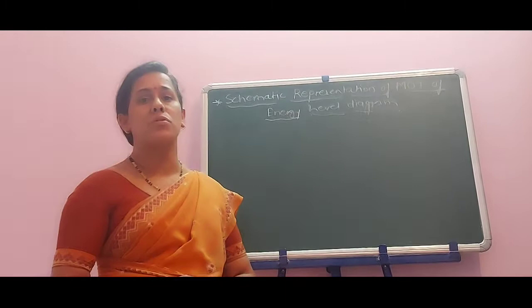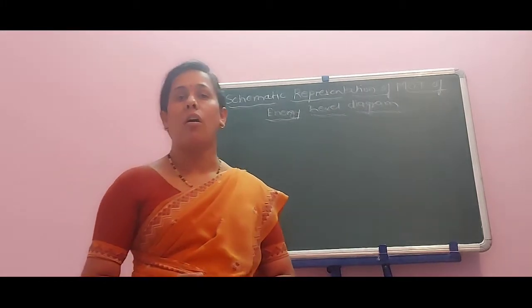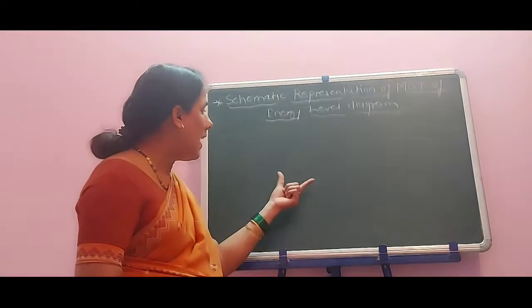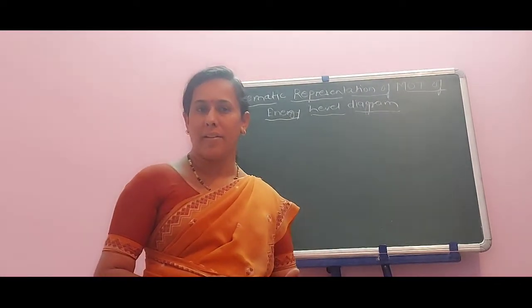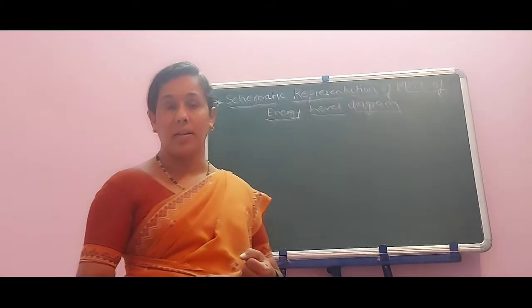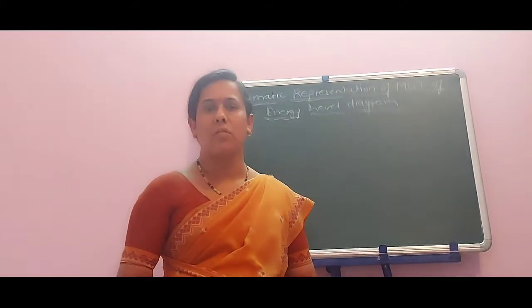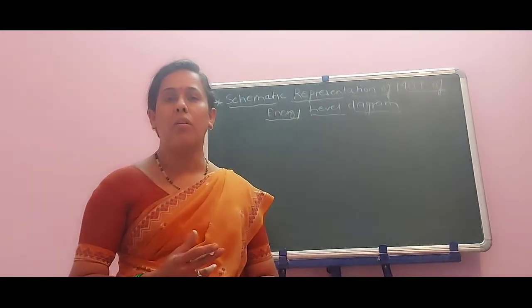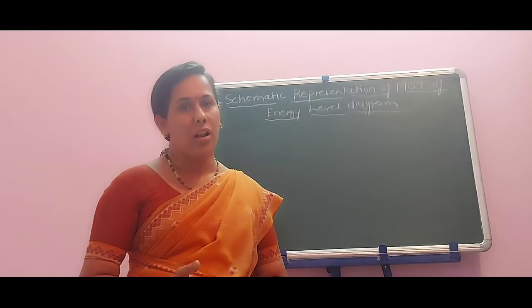In the last lecture we studied the basics of molecular orbital theory. In those basics you can get the idea of what MOT theory is. Now in today's lecture we are going to see the schematic representation of the molecular orbital energy level diagram.